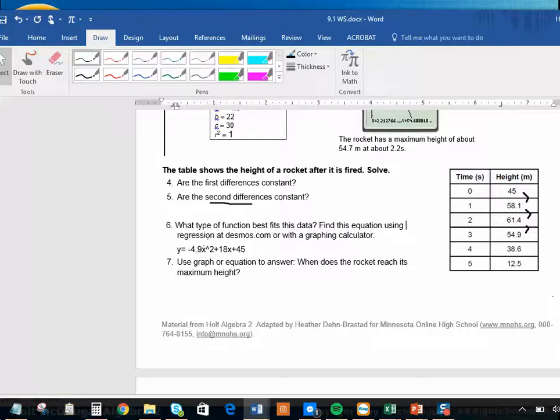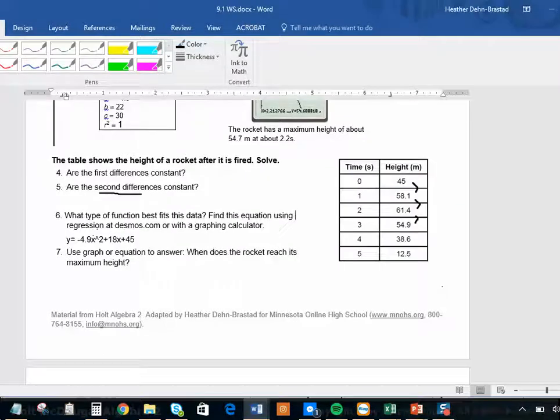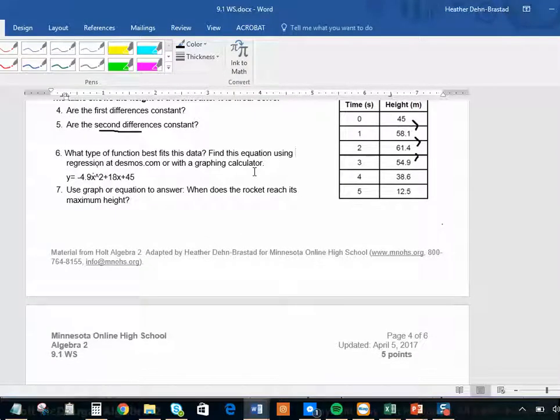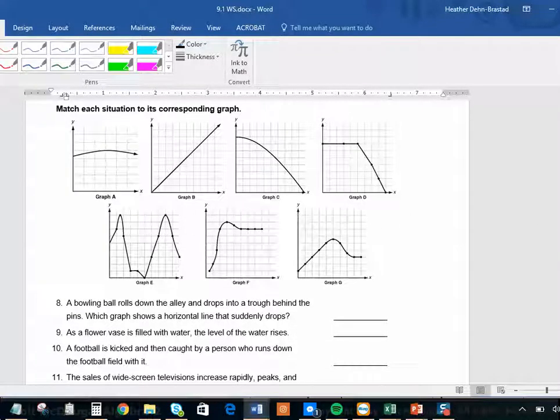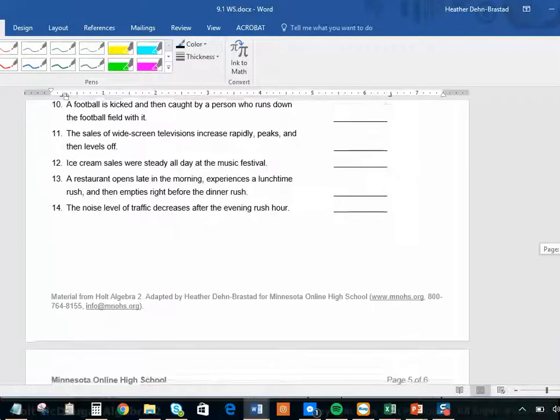And the rest of your worksheet is going to be similar to that. You use Desmos to make your graphs. This one does not ask you to show the graph, but if it did, I would take a screenshot and then just paste it in here. In the next section, you're just going to match graphs to a verbal description.